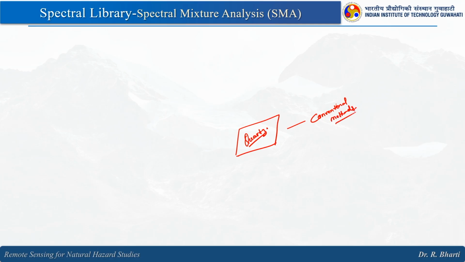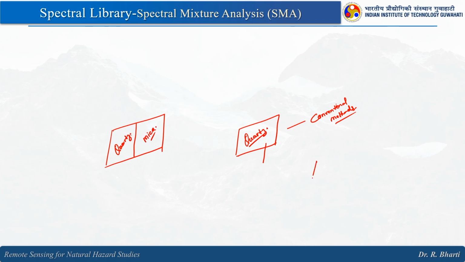Right. So, you go with XRD and then you can say that this is a quartz, right. Now, once we have this quartz which is also present within the field of view of my image, this is 1 pixel. So, 50% is quartz and 50% is mica.